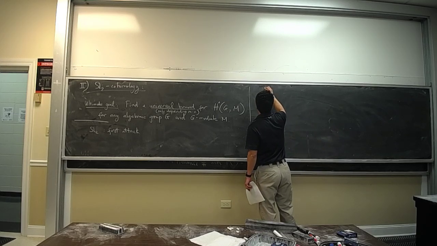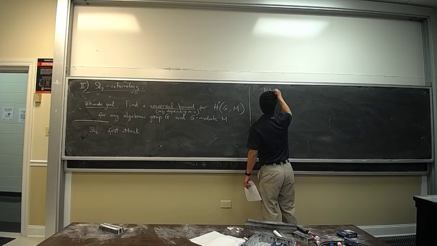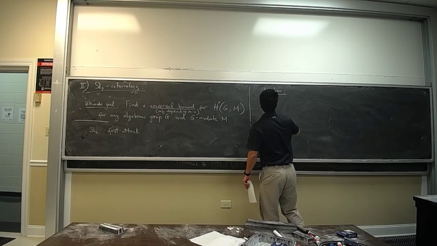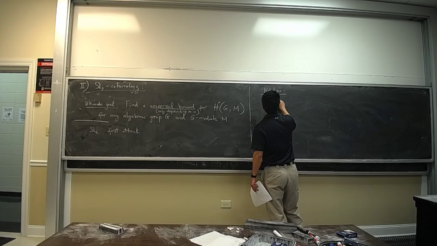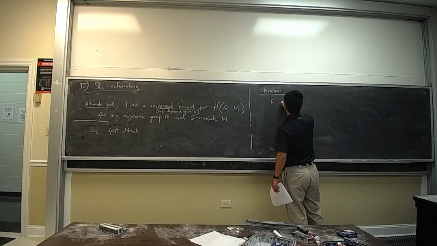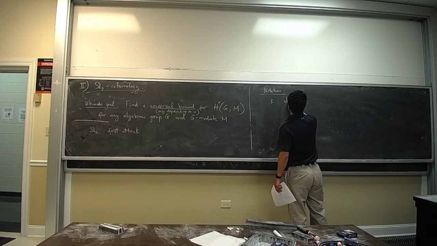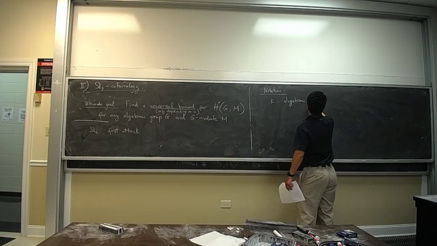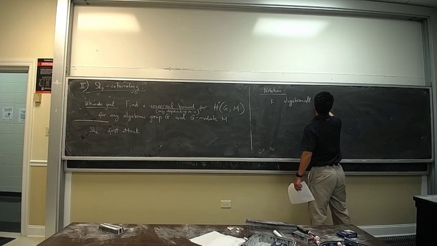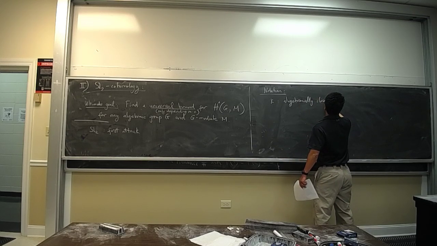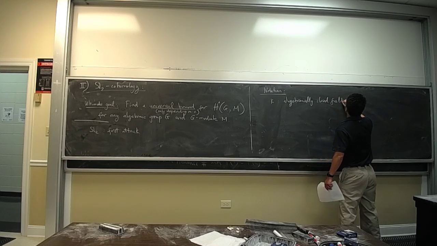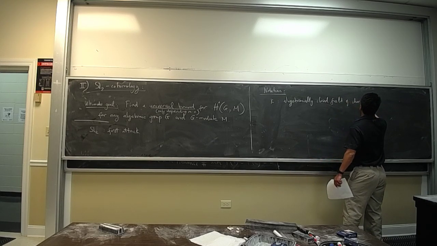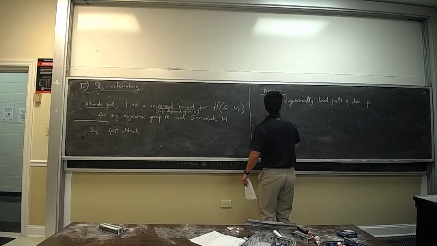Okay, I'm going to fix some notation for this part. From now on, we fix K as the ground field, which is an algebraically closed field, with characteristic p.